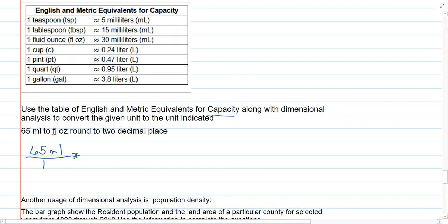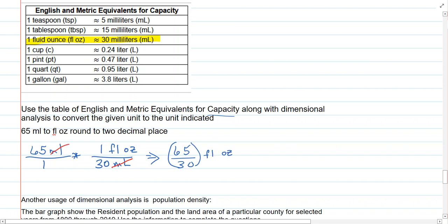All right, so the only fluid ounces I have is this one right there, and it fits the bill. So I'm going to write that 30 milliliters is equivalent to 1 fluid ounce. All right, so the milliliters cancel. I multiply across. I'm going to get 65 over 30 fluid ounces.